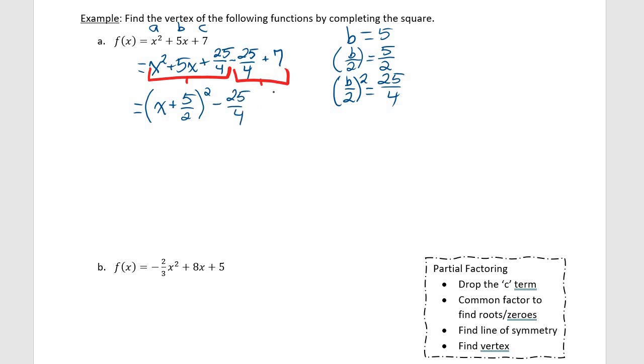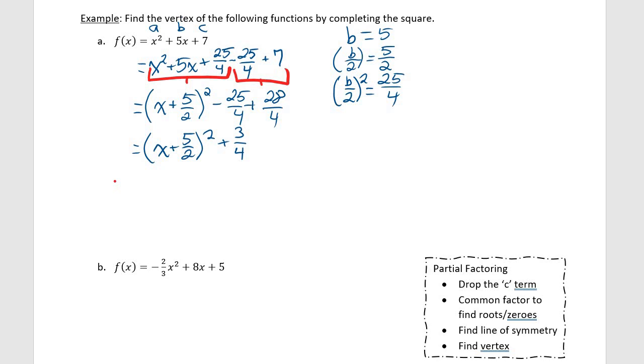Let's convert 7 to be a number over 4. So that will be plus 7 times 4, which is 28 over 4. So we have x plus 5 over 2 squared plus 3/4. Negative 25 plus 28 gives us 3/4.